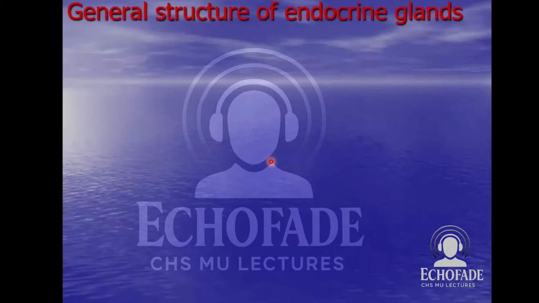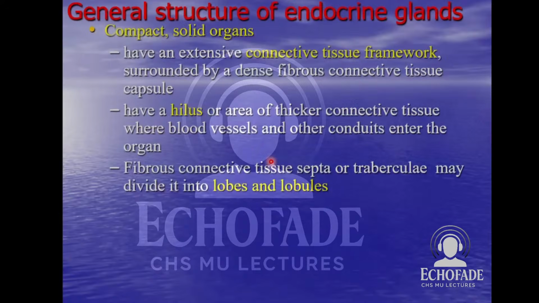Let's now look at the structure of the general endocrine organs. It's an organ. So like all the other organs, they are normally solid organs, and they have a lot of connective tissue. The first connective tissue is what covers the organ, that we refer to as a capsule.